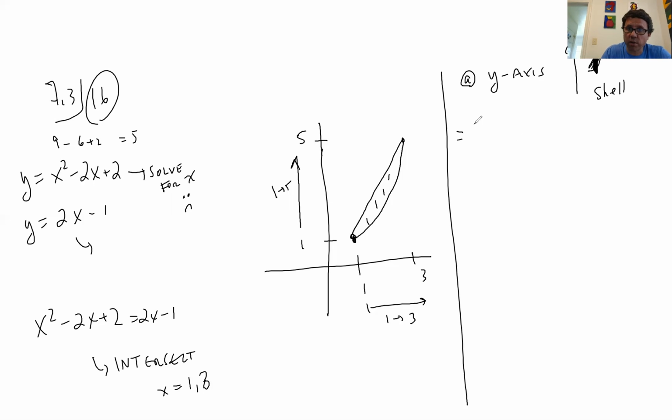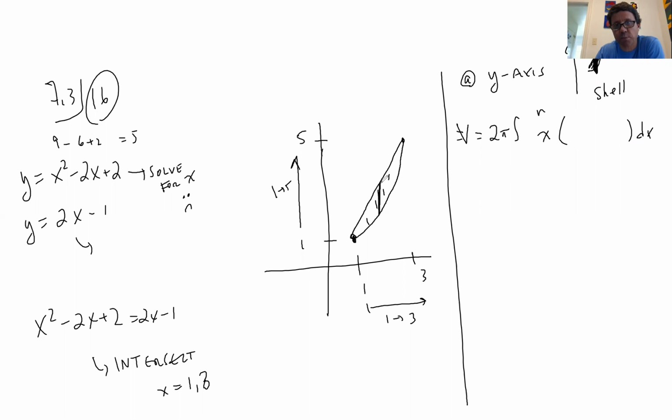We've already discovered, so the volume would be 2 pi. If you're going around the y-axis, then the radius is always just x. So that's pretty nice. The height of this guy is going to be governed by how far it is from the bottom curve up to the top curve.